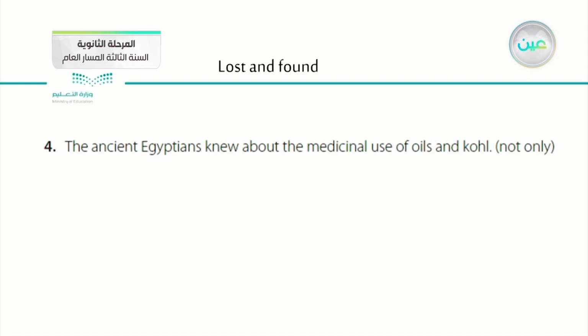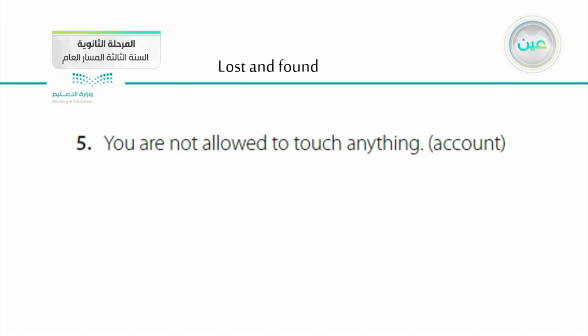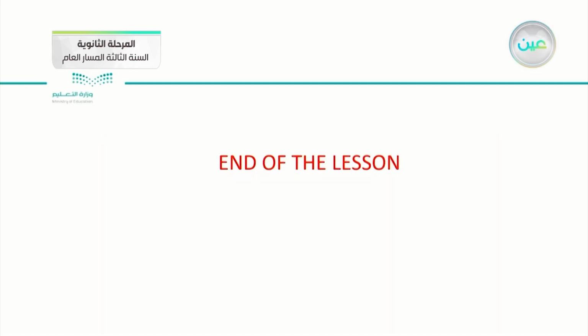Number four, the ancient Egyptians knew about the medicinal use of oils and coal. Not only did the ancient Egyptians know about the medicinal use of oils, but they also knew about coal. Number five, you're not allowed to touch anything. So on no account must you touch anything.